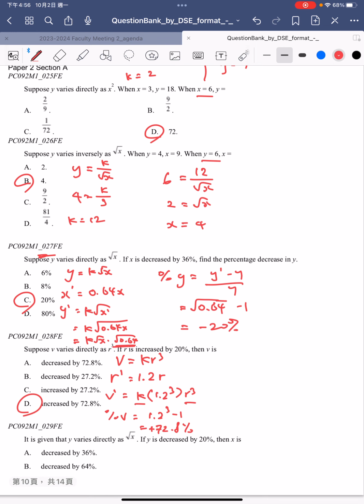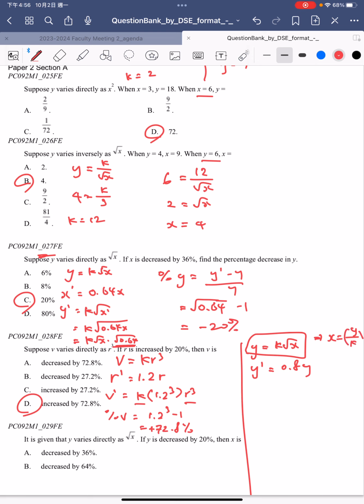And for question 29, we have y varies directly as square root x, so we have y equals k square root x, and y is decreased by 20%, so the new y is equal to 0.8y. Now what we're going to do is find the new x. From this equation, x is equal to y over k, squared, or we can write x is equal to y squared over k, since k squared is still a constant, so we can just write it as k.